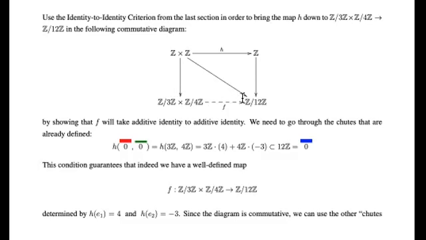Okay, so let's see what is sent to 0 over here. So we have 0 over here, that's multiples of 12 up here. So we take something here, take its pre-image up here, and we send it over here with h and say, is it a multiple of 12? That's what we're going to be looking at.